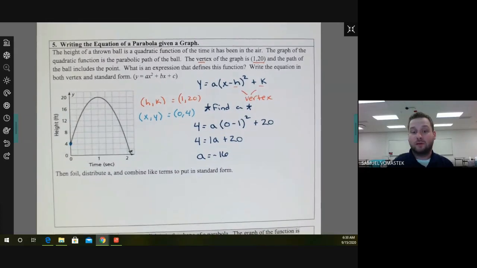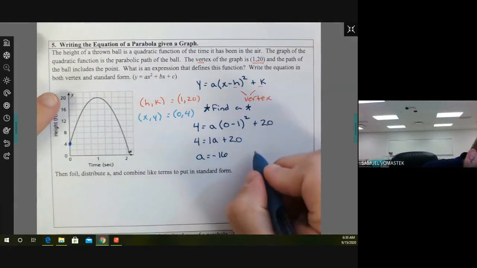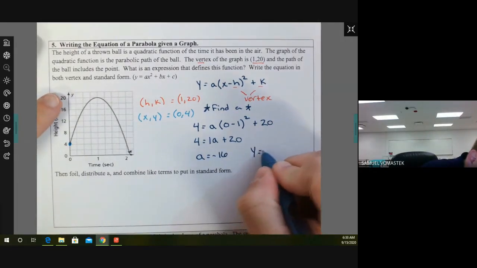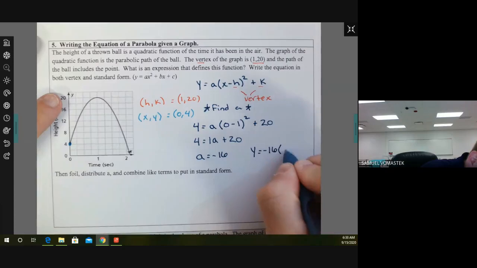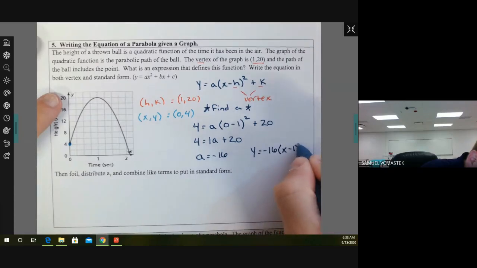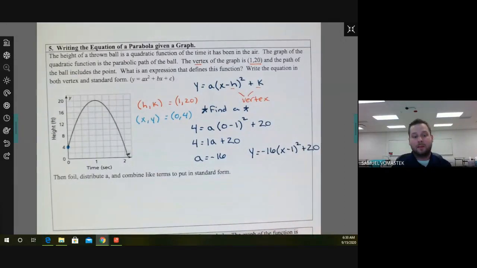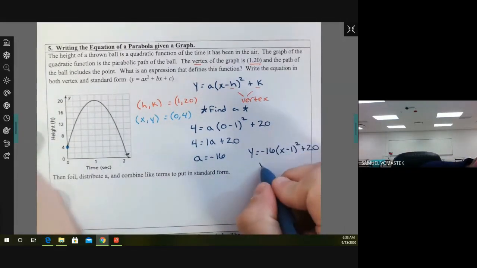So we found a. Now what we need to do is plug everything in except for x and y. I need to plug my vertex and my a value in. Doing that, we end up with y equals negative 16 times (x minus 1) squared plus 20. That right there would be my vertex form.